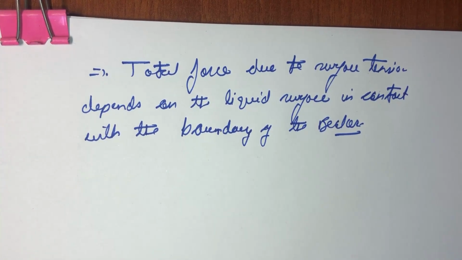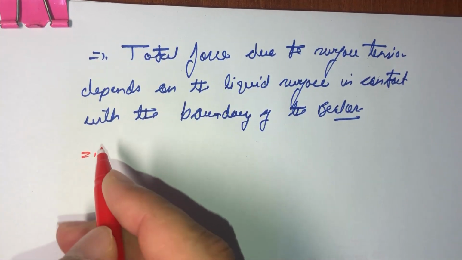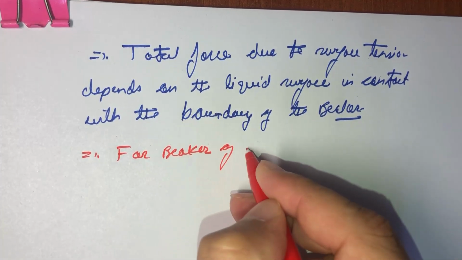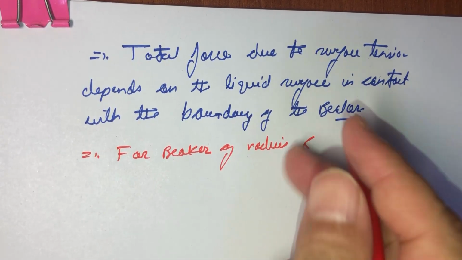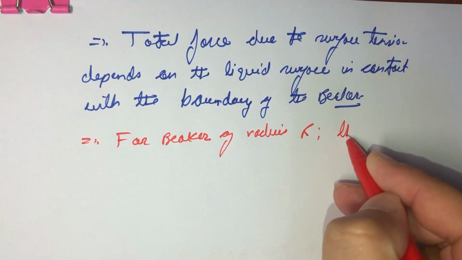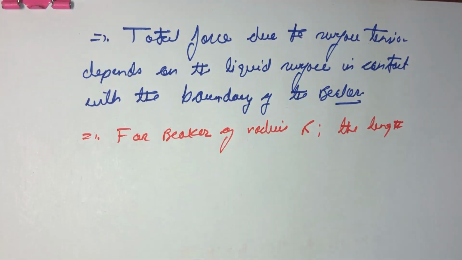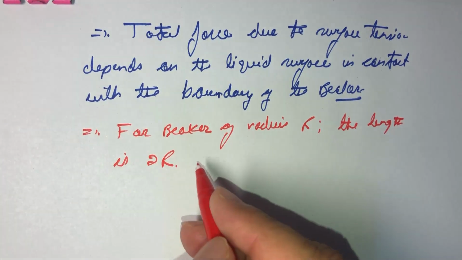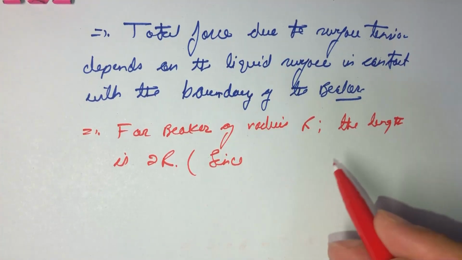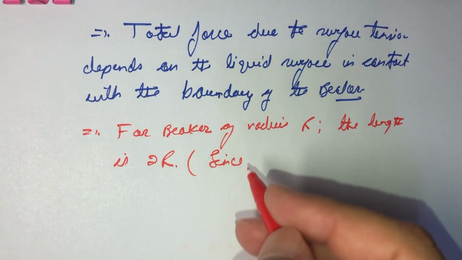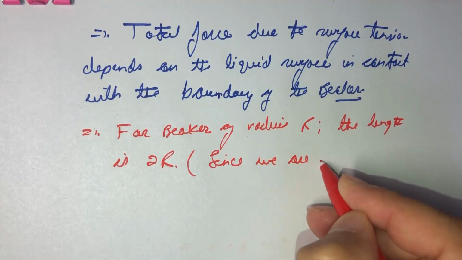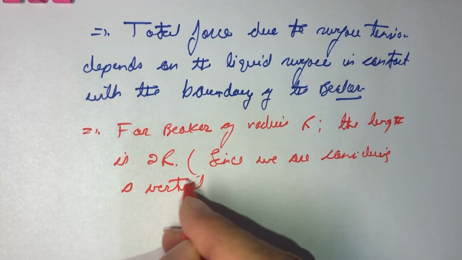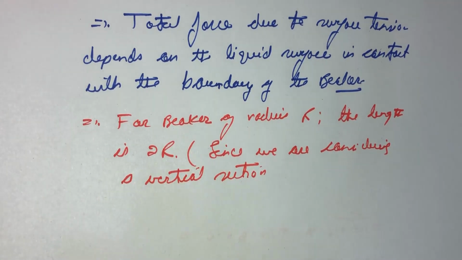And in this case, the beaker is given as a radius of R. So we can say for a beaker of radius R, the length is 2R, since we are considering a vertical section and that vertical section is across the diameter.